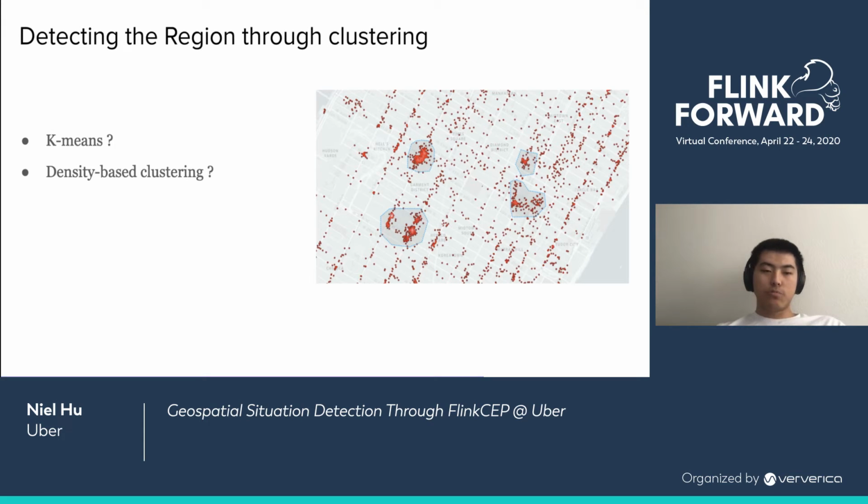So we turn to density-based clustering algorithms. Density-based clustering is flexible in that it doesn't require a fixed number of clusters, and the clusters can be of arbitrary shape. It's also relatively cheap on a small data set, but we have to test it on our problem, at our scale.